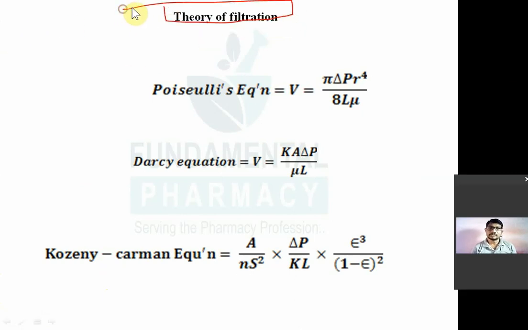Your filtration depends on many factors. As I said, solute related factors, such as the size of your particle, the nature of the particle, particle shape, and the amount of particle present. So if you have a concentrated slurry, say 70% solid and 30% water, the rate of filtration will be slow. But if your slurry has only 30% solid and 70% liquid, then obviously the rate of filtration will increase. So the rate of filtration depends on various factors.